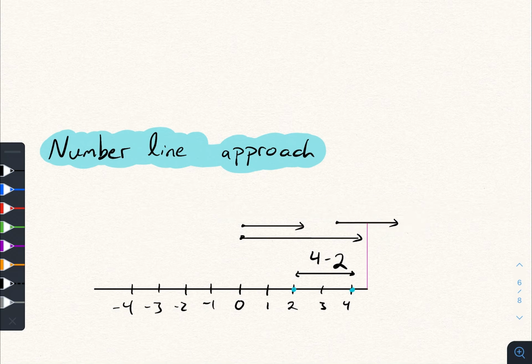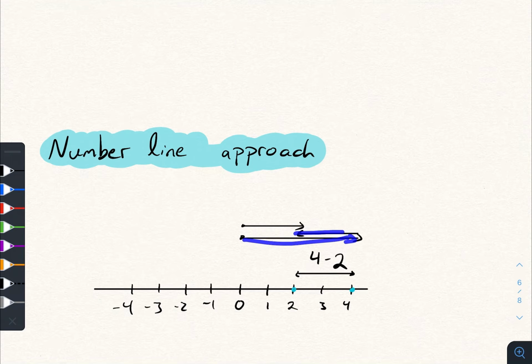Whereas if I wanted to subtract 2 instead, you basically just reverse this arrow and then tack that onto the end of it. Okay, so we go 4 this way and then 2 in the opposite direction. So a little bit of adding the opposite going on here. And we end up at 2.